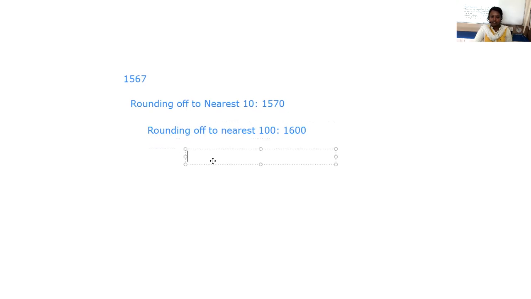Same way, rounding off to the nearest 1000. If a number is greater than or equal to 5, we need to round up. We have here 1567, where 5 is the next digit, so we need to round off 1 in the thousands place to 2, placing all other digits to 0. So this way we round up the numbers.